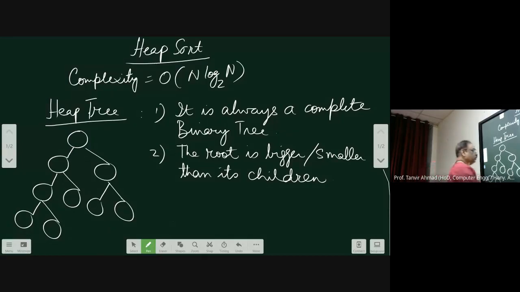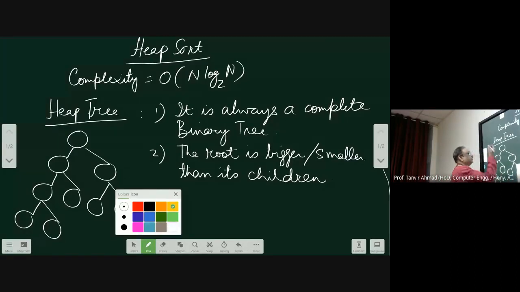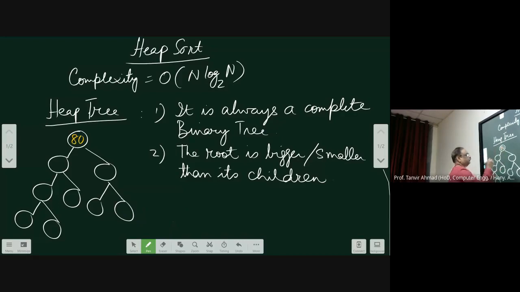Now what numbers can I put? Maybe if I am going to make a heap tree where the root is bigger, I might put say 80 over here, maybe 60, maybe 75, maybe 40, 30, 20, 10. You might put 32, you might put 64.